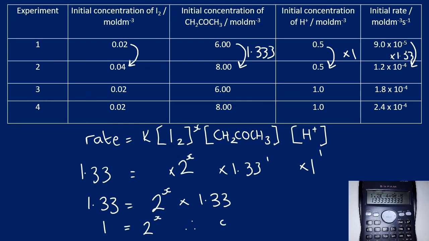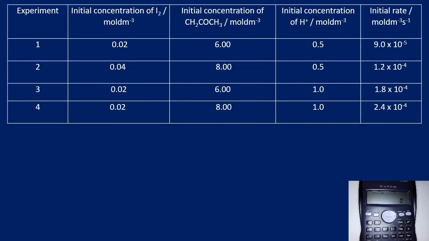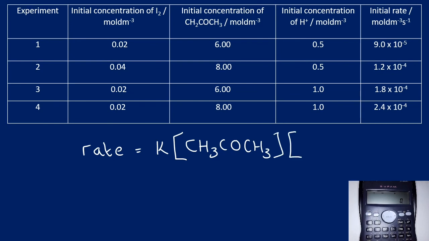Therefore, x is equal to 0. So we have just determined that the rate equation is equal to a rate constant. We now know that I2 doesn't appear in the rate equation because it was zero order and it was first order with respect to the other two. So that now is our rate equation. Done.